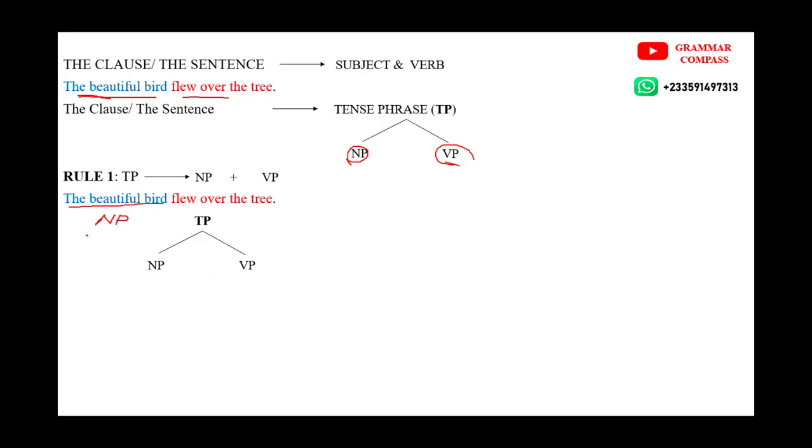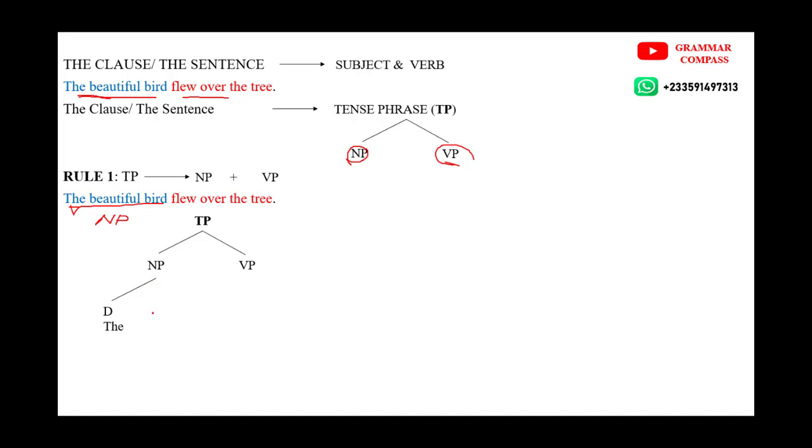But the noun phrase also consists of some minor constituents. Let us see what the noun phrase consists of. We have learned how to break down this noun phrase into its minor constituents. First of all, the noun phrase consists of a determiner, and our determiner is the. The noun phrase also consists of an adjective phrase, that is beautiful.